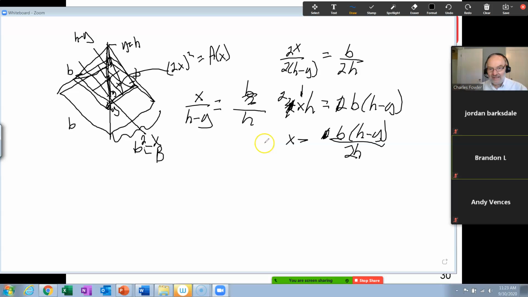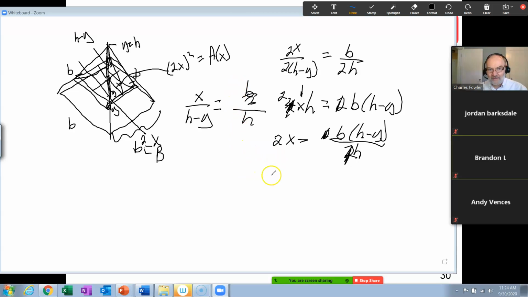Okay, now remember our area? I wrote it down somewhere here. The area of this was 2x squared. So we actually want 2x. So I shouldn't have ever divided. I want a 2 there. And that would have just been divided by h. Okay. So that's what we have.